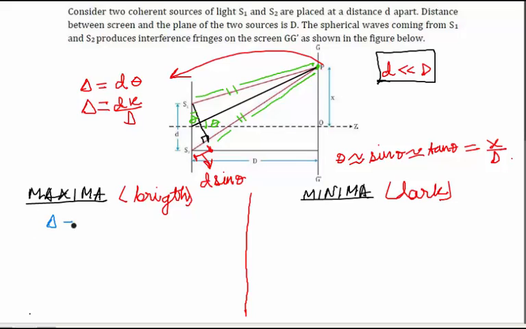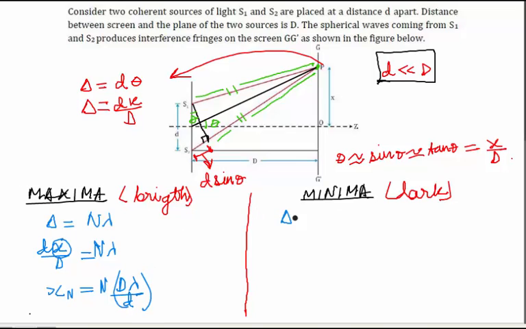So here we equate the path difference delta to n lambda. So d x upon D equals n lambda. This will be the nth bright fringe, so we write x n, the distance of the nth bright fringe from the central maxima, equal to n times lambda D by d. Whereas in the case of minima, we equate it to 2n minus 1 times lambda by 2. So d x by D equals (2n minus 1) lambda by 2.